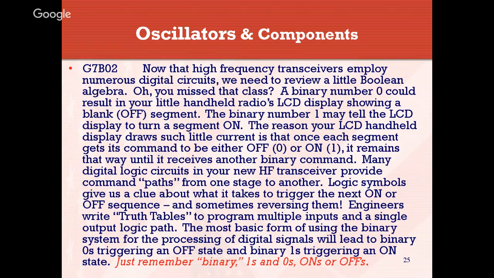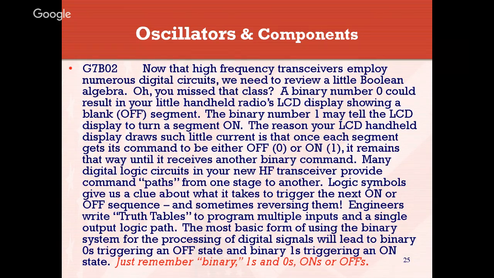What is really required are truth tables to program multiple inputs and have a single output logic path. And the most basic form of using the binary system for the processing of digital signals will lead to binary zeros triggering an off state and a binary 1 triggering an on state.